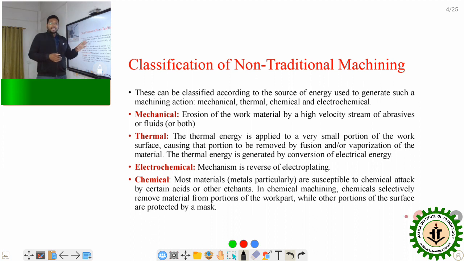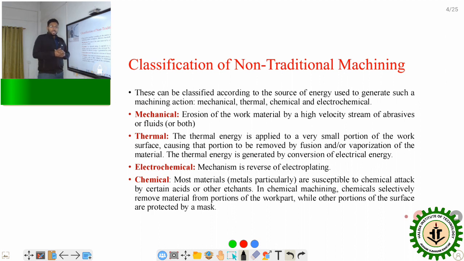So, what is the classification of non-traditional machining? Depending upon the power source of the machining, we can classify it into four divisions. In conventional or traditional machining, the main power source is electric power, like for a lathe machine or milling machine, where the relative motion between the tool and the workpiece removes material from the workpiece.